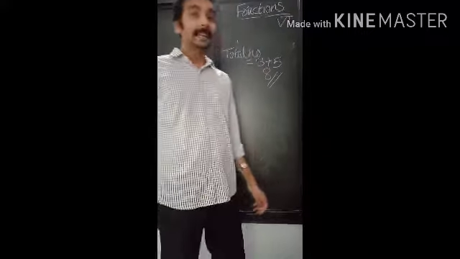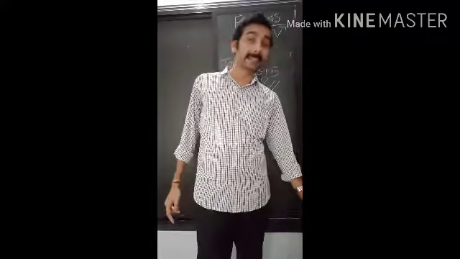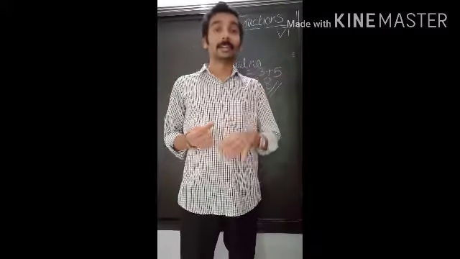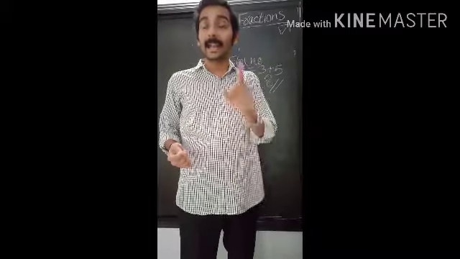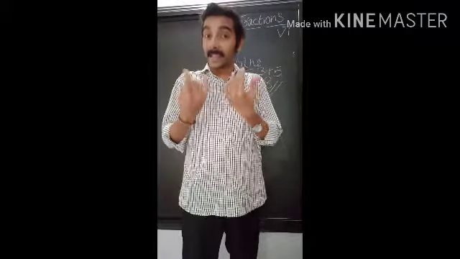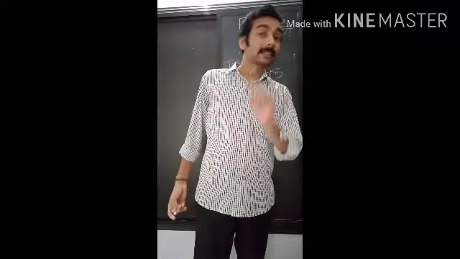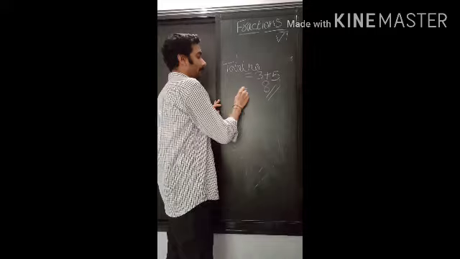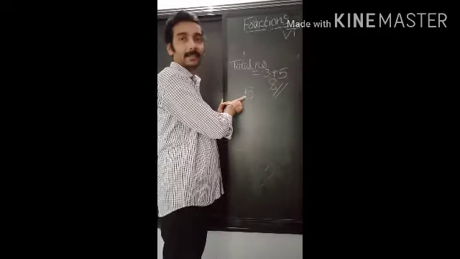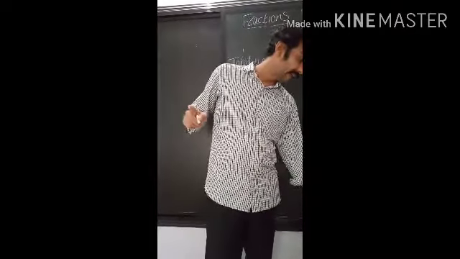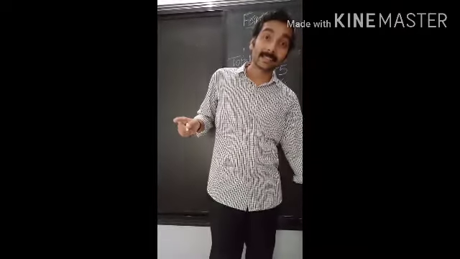Then the fraction of CDs received as gifts. We find the fraction of CDs received as gifts. 5 are received as gifts. So what fraction did she receive as gifts?